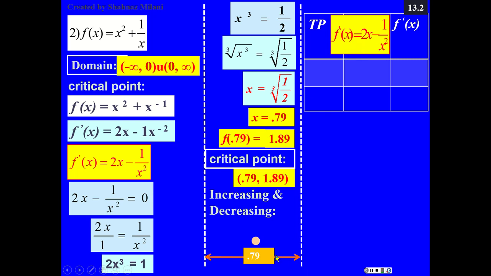Don't forget, my critical number is 0.79. I have one critical number, which means I'm going to have two testing points. On the left side, pick any number. Remember, you cannot say f prime of 0 because 0 is not in your domain. Then I'm going to say f prime of -1. And then pick a number on the right side of 0.79, which is f prime of 1.